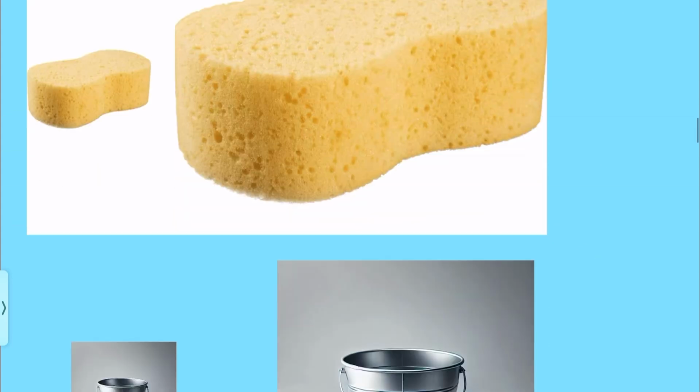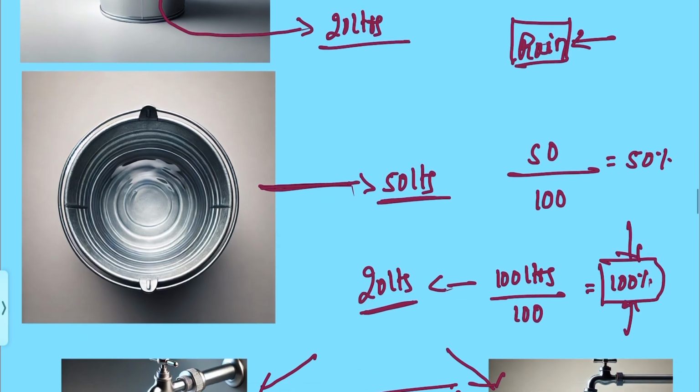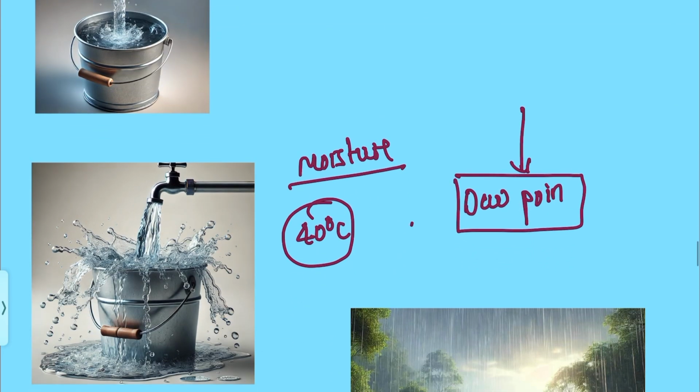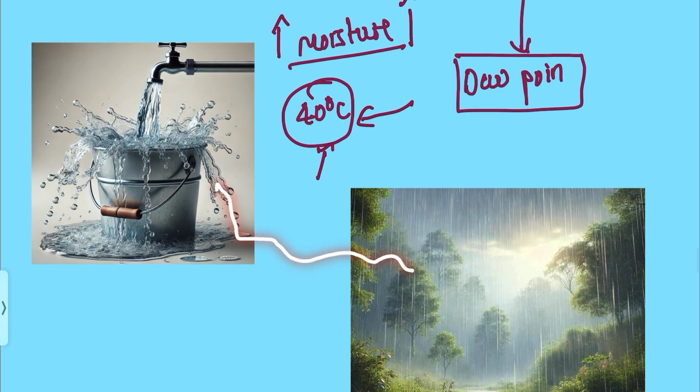So one way to reach the dew point is by keeping the temperature constant, right? Temperature has to be kept constant, and you go on adding moisture, and there will be a point when the atmosphere reaches saturation point and extra moisture will be shed off as rain, and the temperature at which this happens is called the dew point.